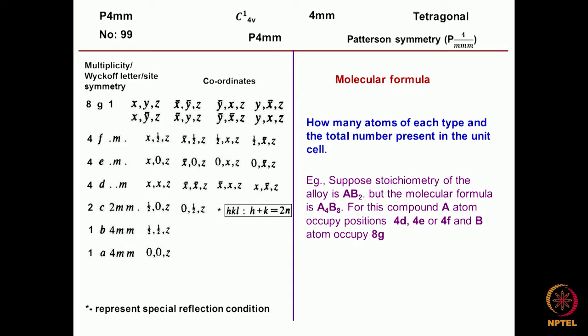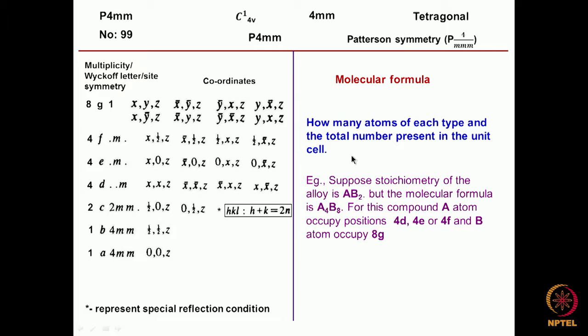That can be used to find out positions with the same stoichiometry but different molecular formula. When we talk of the molecular formula, we talk not just about the stoichiometry between the elements, but the total number of atoms present. That means an AB2 structure could be 2 atoms of A and 4 atoms of B. That also has the same stoichiometry, correct?